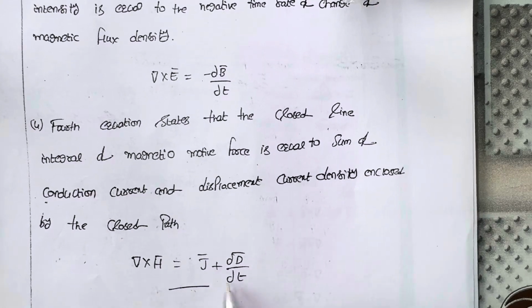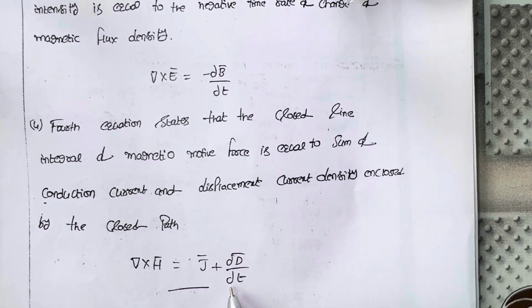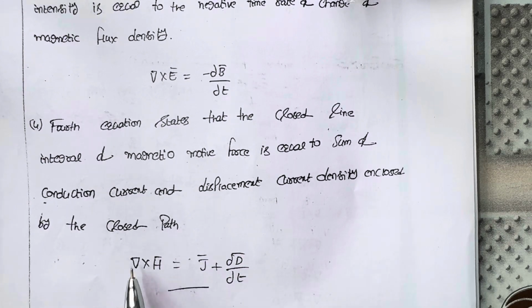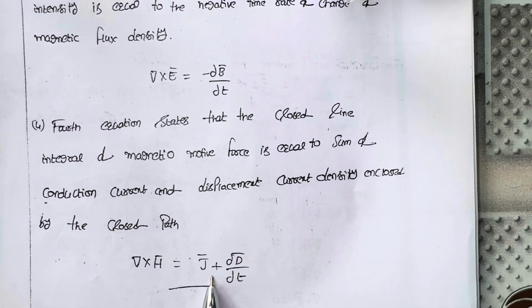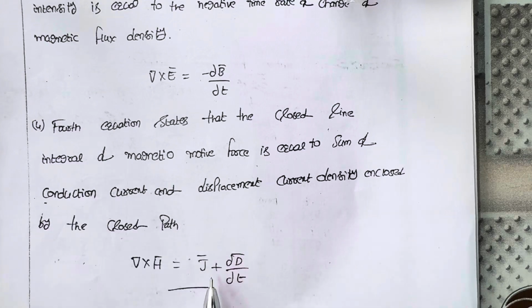That means here we have already derived an expression in the topic of inconsistency of Ampere circuit law. So look at here, the closed integral of magnetic force is equal to J bar, that means conduction current, and displacement current density, that is dou D bar by dou t. We have already derived the expression for this.